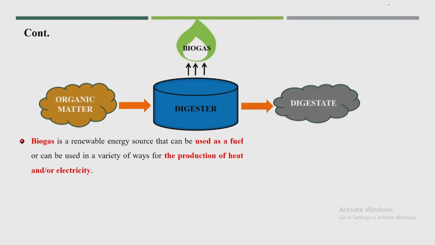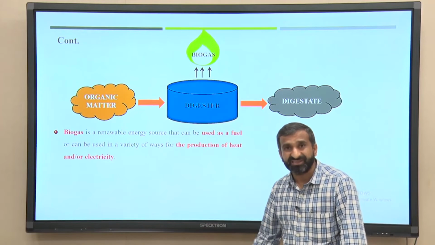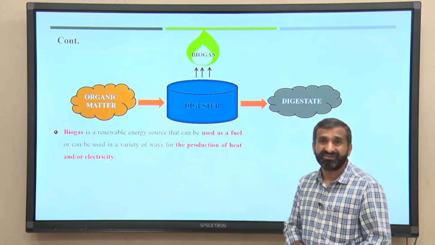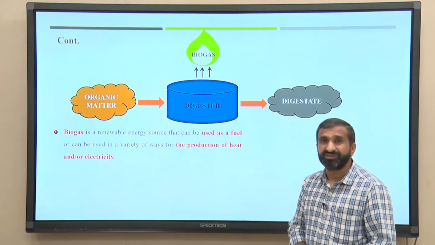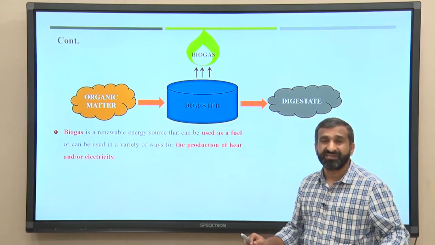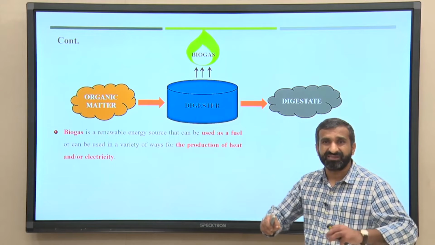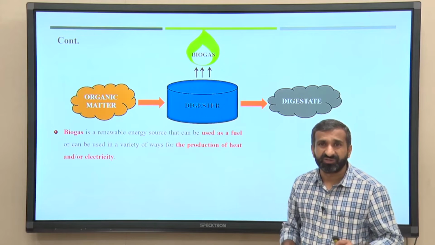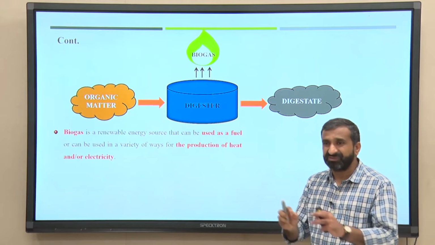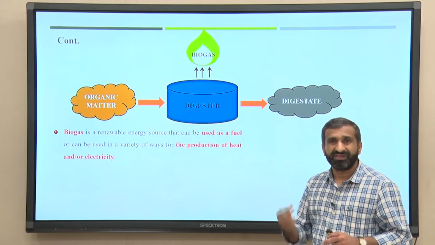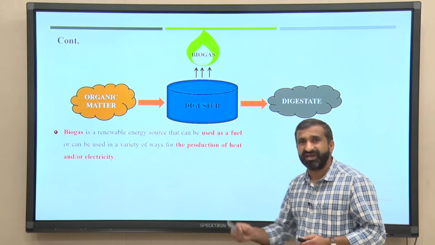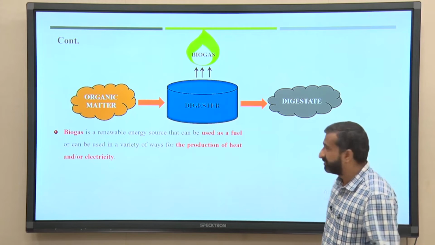This biogas is a renewable energy source that can be used as a fuel, in a variety of ways for production of heat and electricity. The biogas can be used directly in the kitchen for cooking purposes without any separation. The only problem is that carbon dioxide is a highly corrosive gas, so if its percentage is low, we can easily use the biogas directly for cooking.